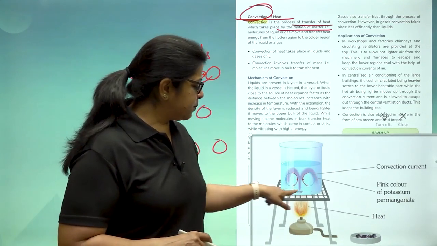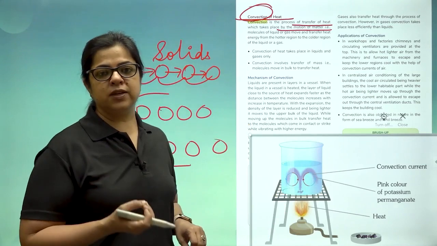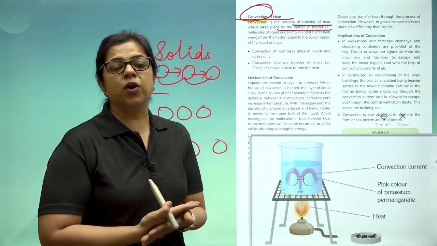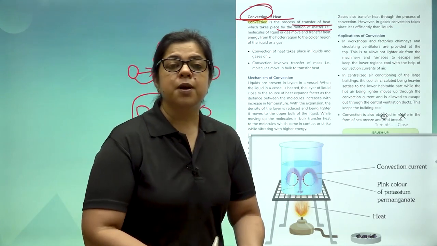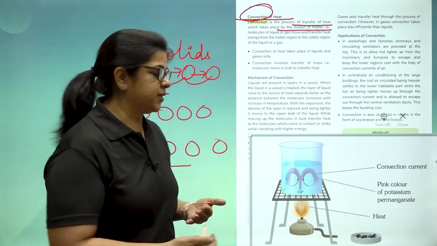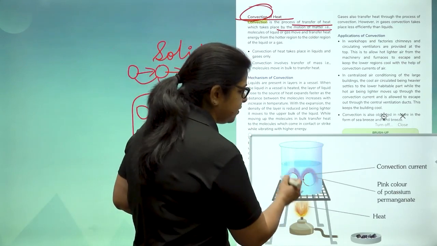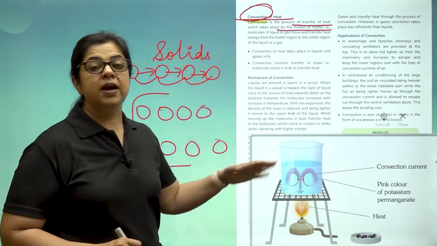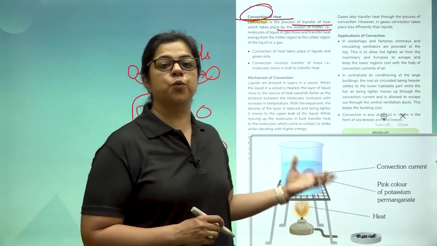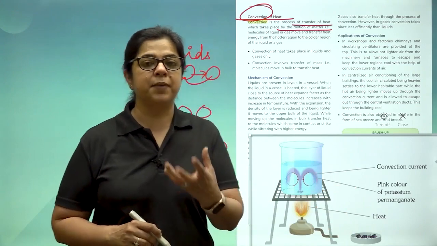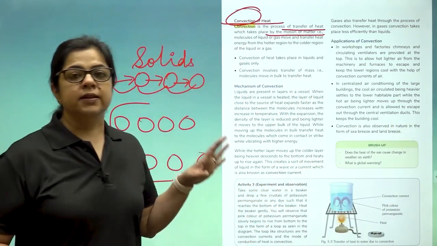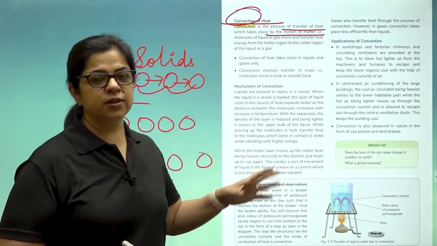Now when the liquid at the base begins to heat, the heated molecules at the base of the beaker begin to rise up and the colder ones take their place. So a convection current is formed until the whole amount of water in the beaker will begin to heat up and boil. So this is the mechanism of convection currents.